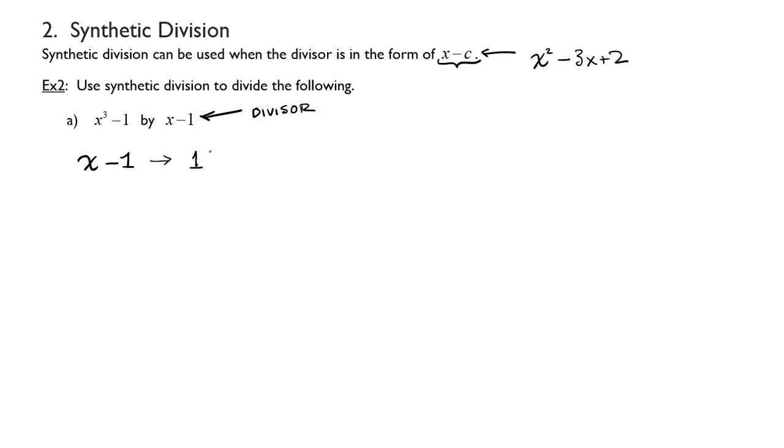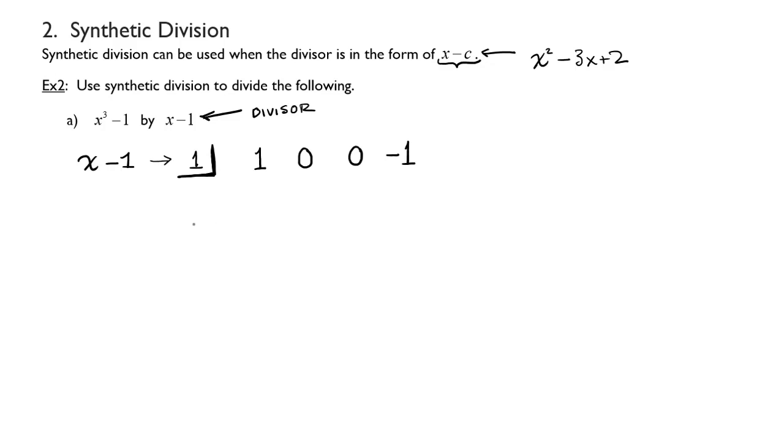So I'm going to write this in a little, two-sided box here. Because when we are doing polynomial long division, we are using the coefficients and the fact that the terms are always in descending order to list the coefficients off. So x cubed has a coefficient of 1, x to the second has a coefficient of 0, x to the first has a coefficient of 0, and x to the 0 power, or just the constant term, is negative 1.